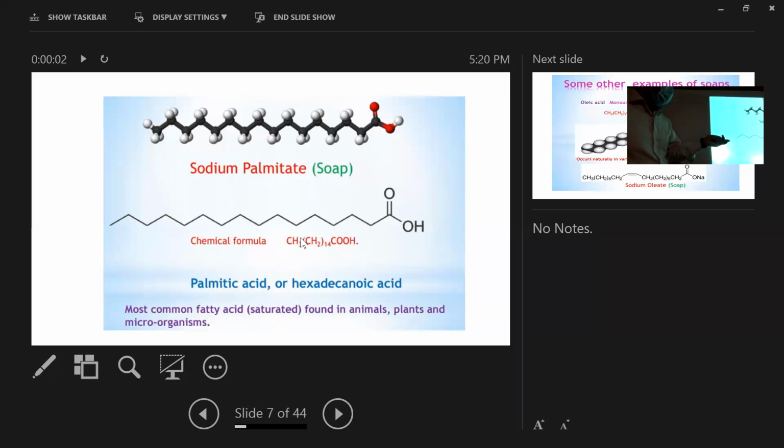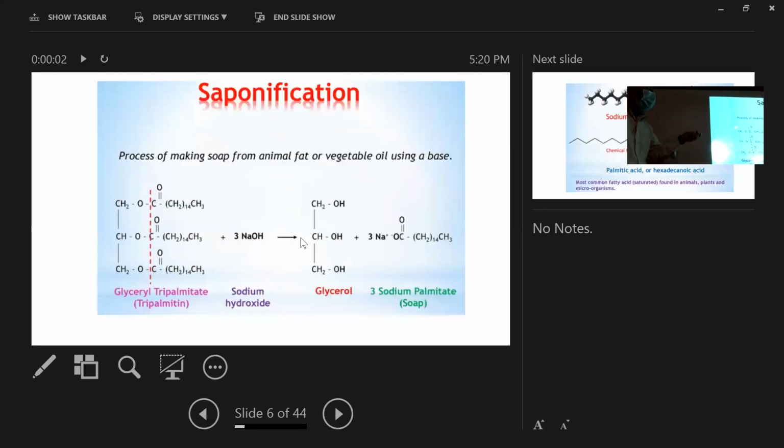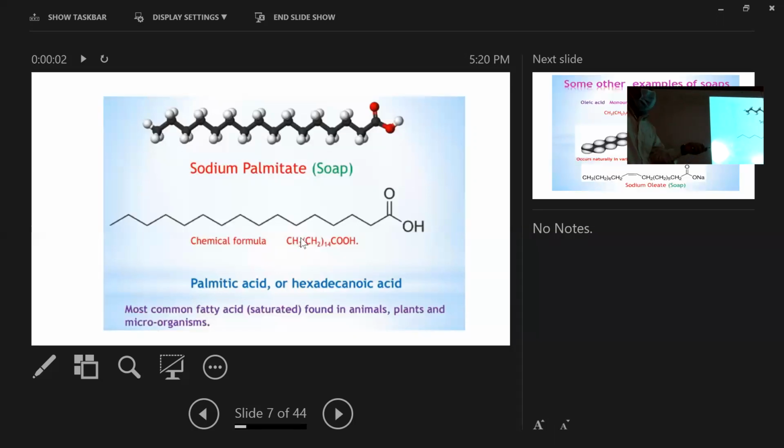And the chemical formula CH3 CH2 14 COOH, that is the formula for what? Palmitic acid. That means this is the ester, but actually we can use this palmitic acid also, because as I have shown, ethanoic acid plus sodium hydroxide reacts to form sodium ethanoate, that is also a salt of a weak acid and a strong base.